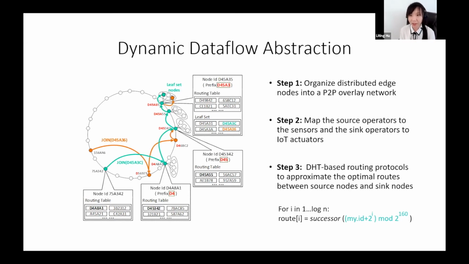The key is the hash of the sink node's node ID. Because all source nodes belonging to the same application have the same key, their messages will converge to a joint point, which is the sink node. Then we keep a record of the nodes that this message passes through during routing, and link them together in reverse to form the data flow graph for this application.